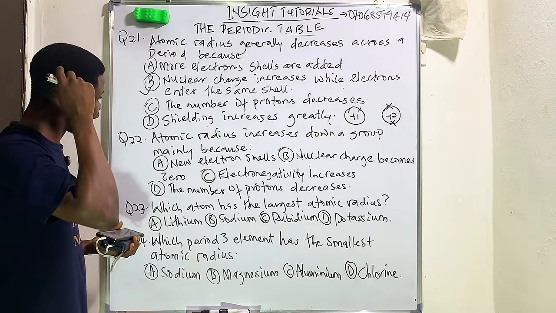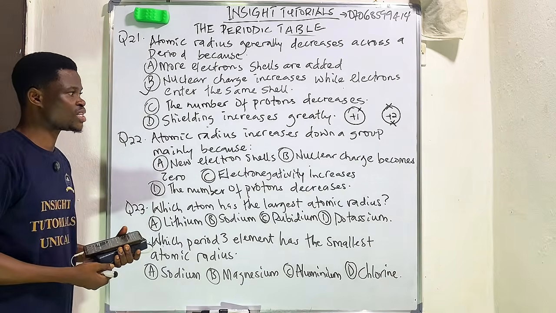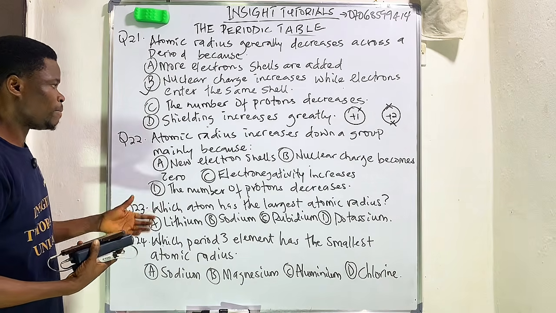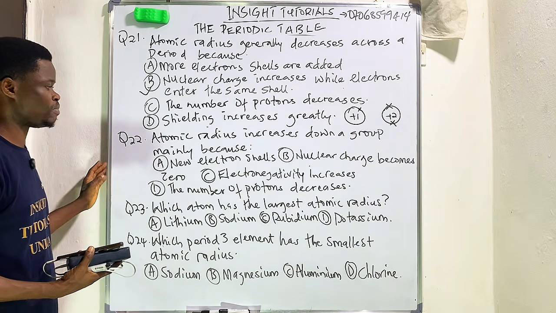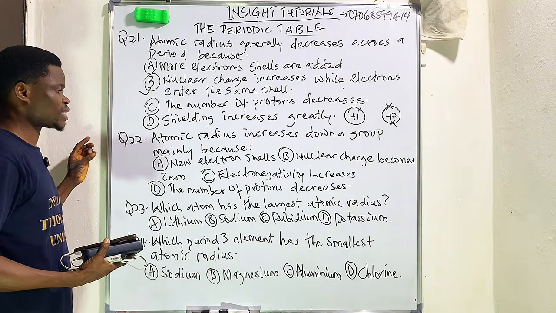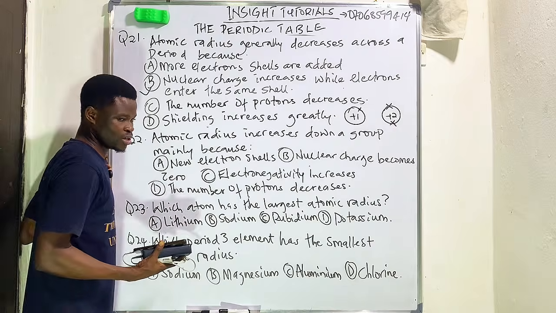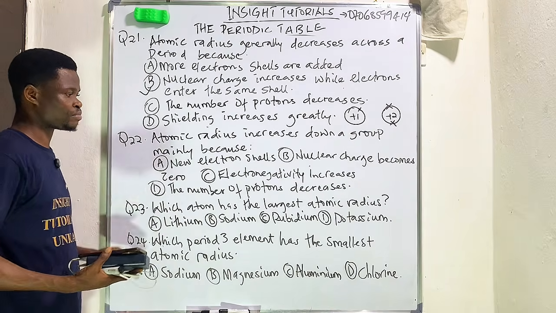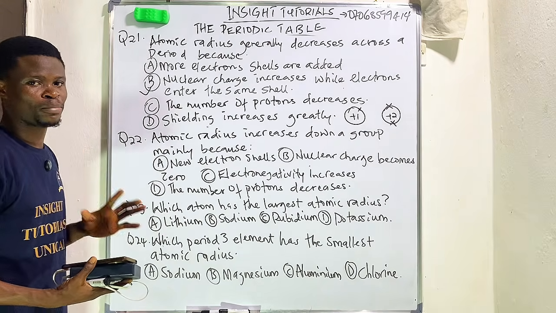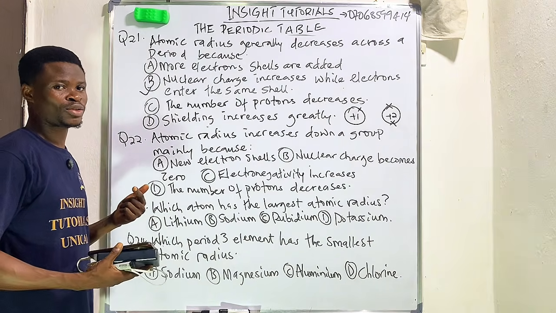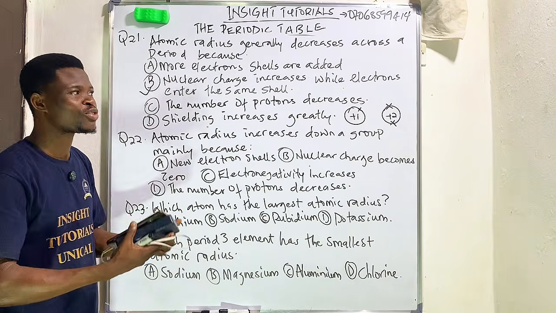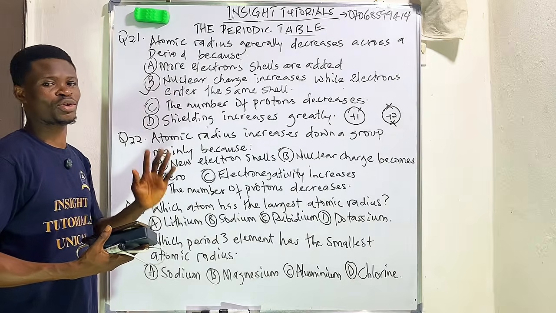The next question says atomic radius increases down a group, mainly because A, new electron shells, B, nuclear charge becomes 0, C, electronegativity increases. Let's start with this. One thing you need to know that is very important is that electronegativity and also ionization energy are all opposite to what atomic radius does.